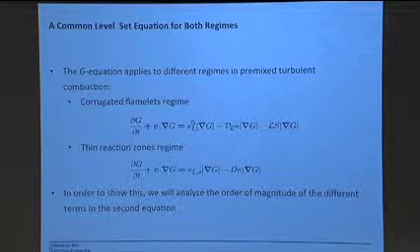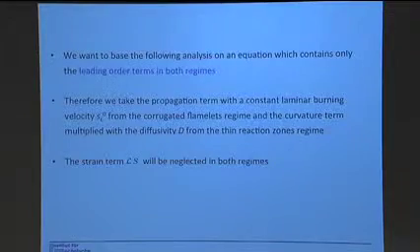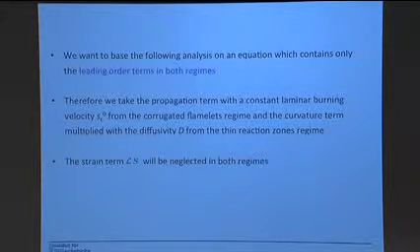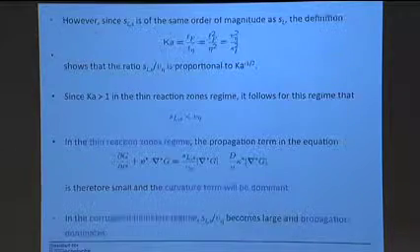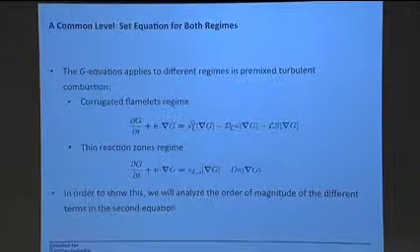And in the corrugated flamelet regime, this term becomes small, and you revert to this. And you see, by doing that, we have neglected the stretch term, but we said that doesn't have a huge effect anyways. And it could actually be added here again.